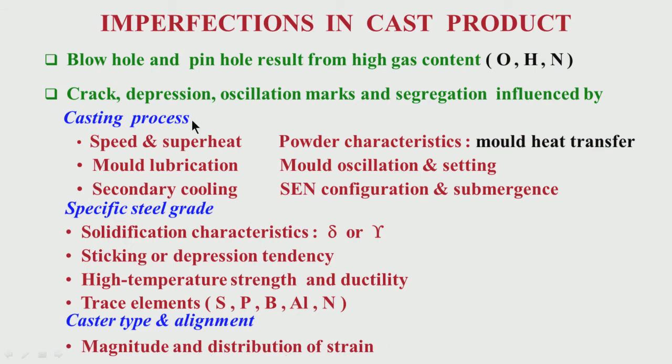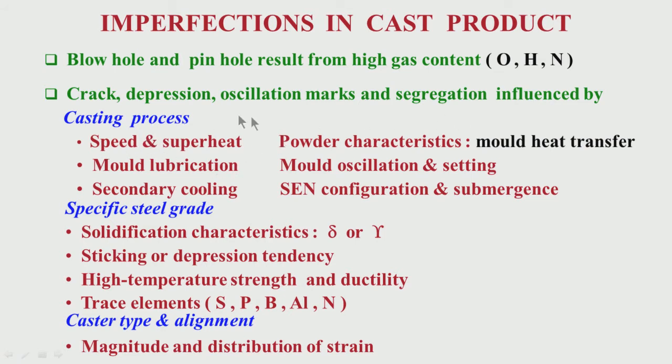Now, what is casting process? We know continuous casting will take place at a certain speed, that will determine to what extent solidifying will take place, what is the movement of the solid shell, how fast solidifying will take place. All this depends on the casting speed.